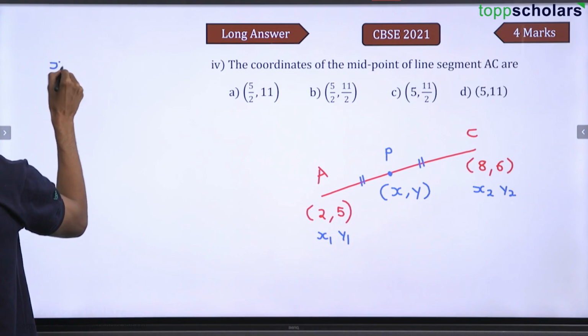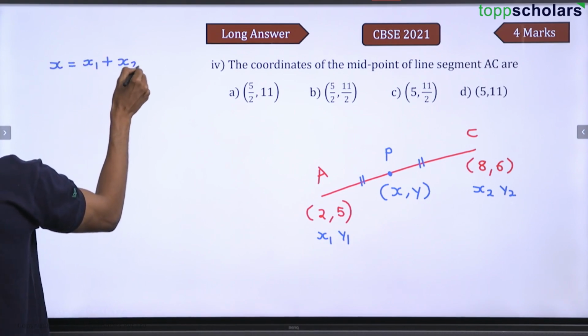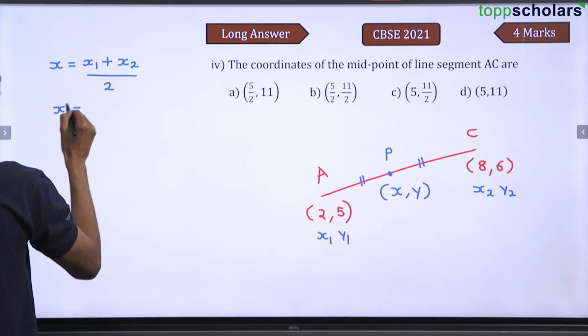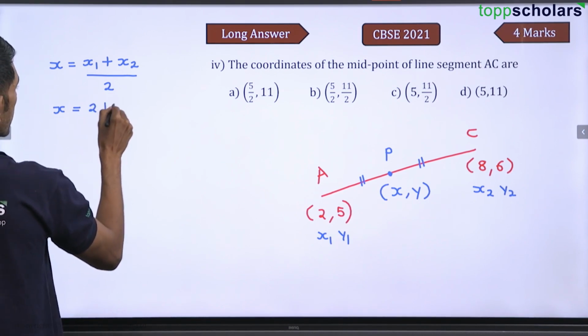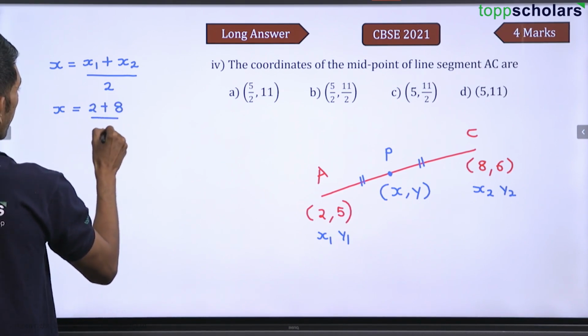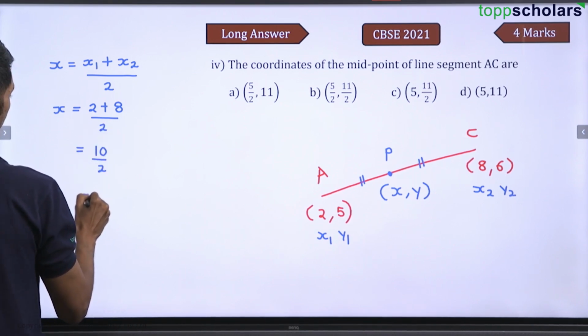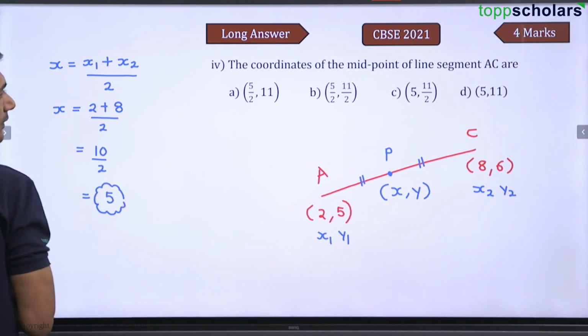x is nothing but x1 plus x2 by 2. So x will be 2 plus 8 by 2, that is 10 by 2, that is 5. So the value of x is 5. Correct?